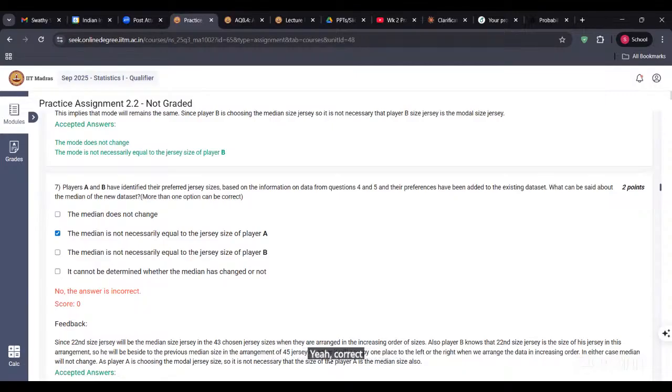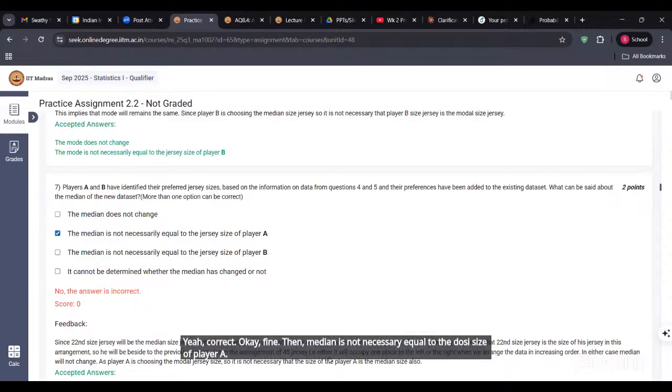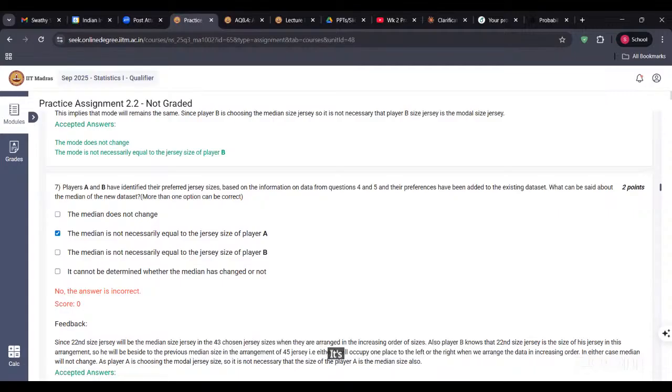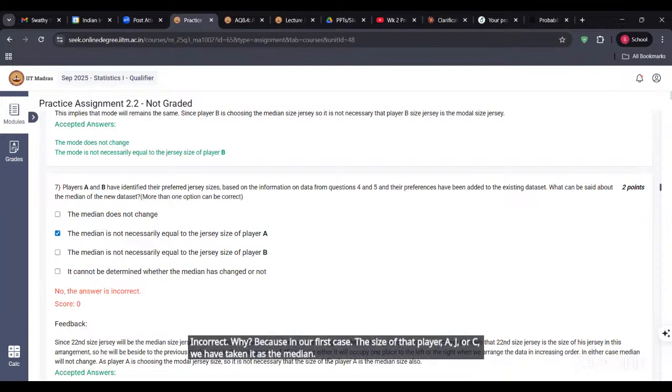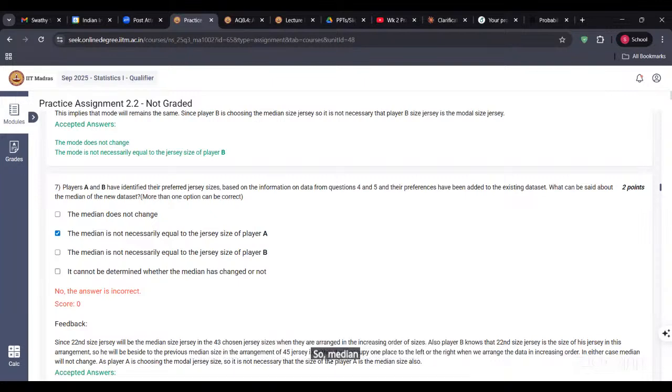Okay, fine. Then, the median is not necessarily equal to the jersey size of player A. It's incorrect. Why? Because in our first case, the size of player A's jersey we have taken as the median. So the median is necessarily equal to the jersey size of player A. Correct.